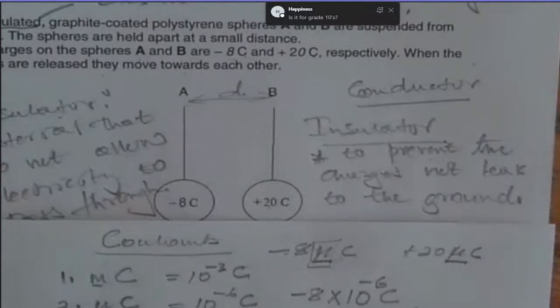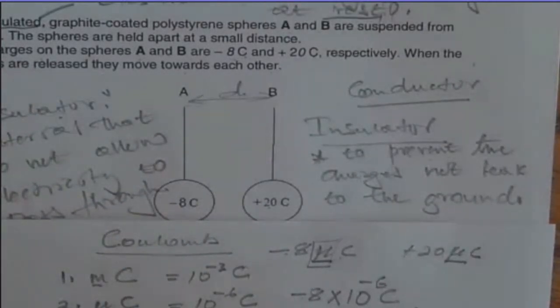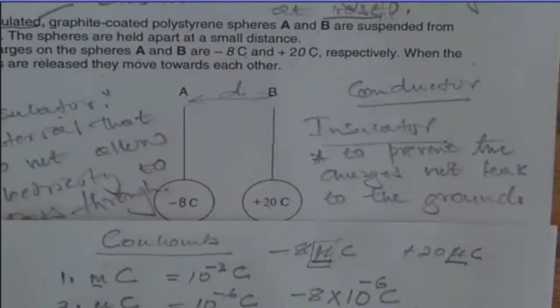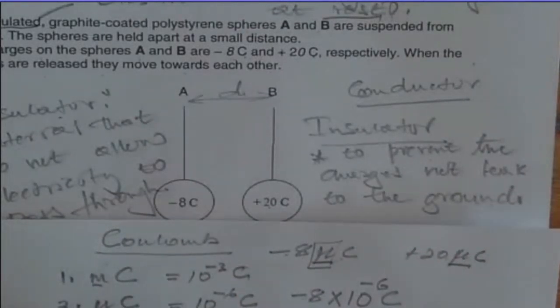So this ruler is neutral because I'm having positively charged and negatively charged. You can talk about protons and electrons. In the structure of an atom, the nucleus has protons and neutrons, and I'm having the electrons around it. So this ruler is neutral.